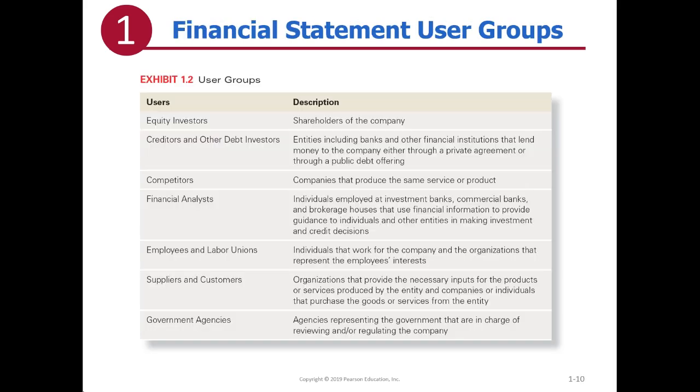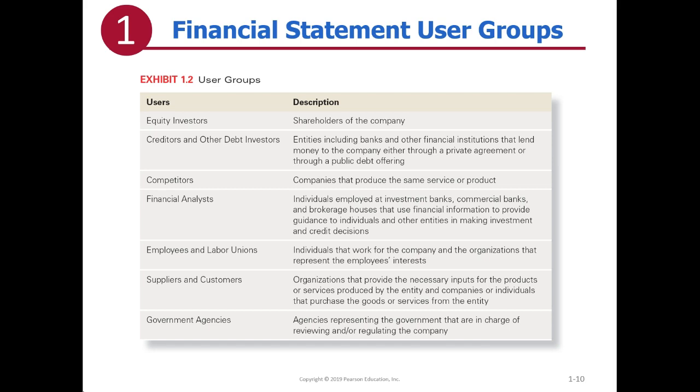Here are user groups that are actually using the information being provided. The top two are the most important from where FASB and GAAP stand. Equity investors, they want to invest in stock, and then creditors, which includes banks and other financial institutions that lend money or credit. Various other players play a role here in using information.